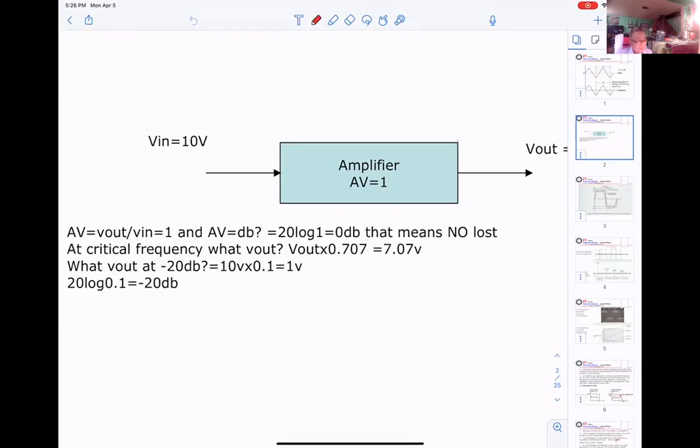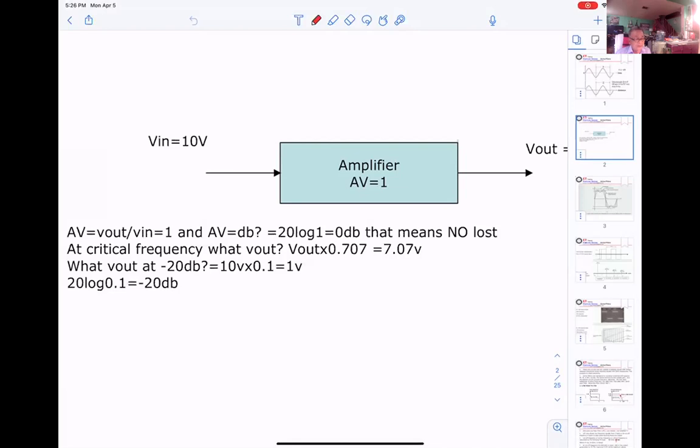And also, you have to know about the critical frequency. That is the frequency where the output goes down to 70.7% of the maximum value. In this example, maximum VL equals 10 volts.